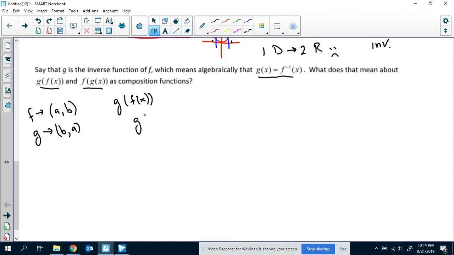So let's take G of F of A. What happens to F of A? It turns into B. G of B gives me A.